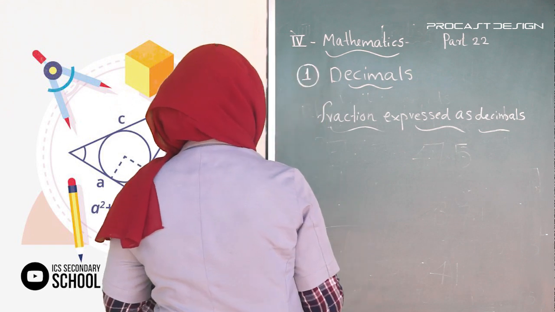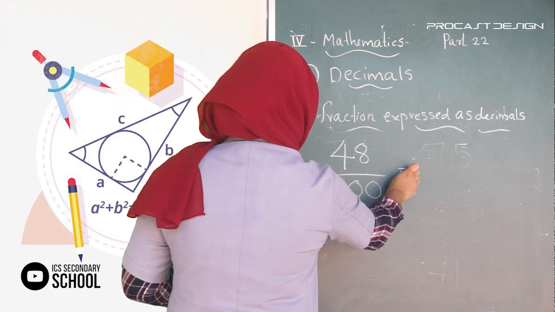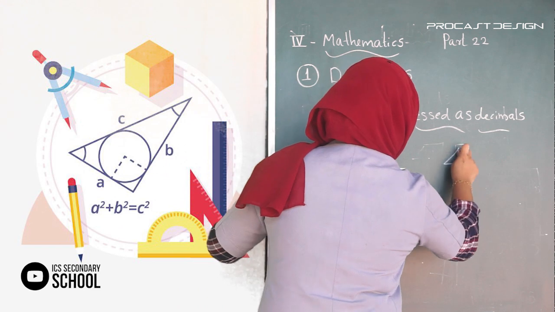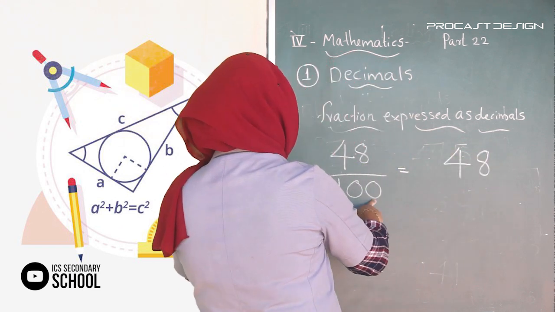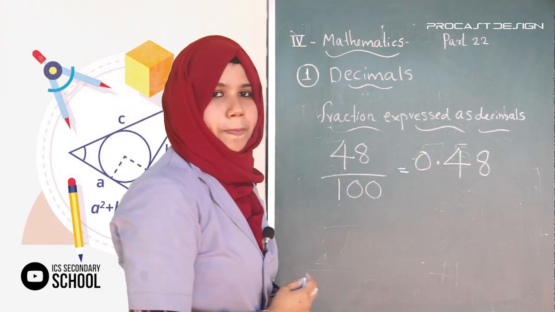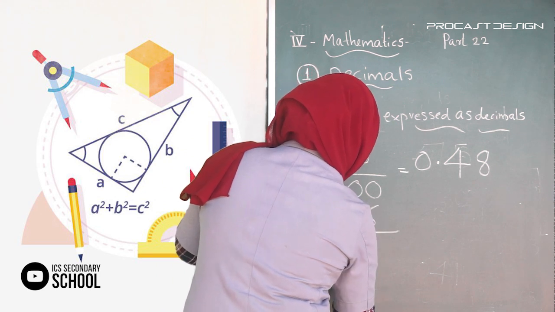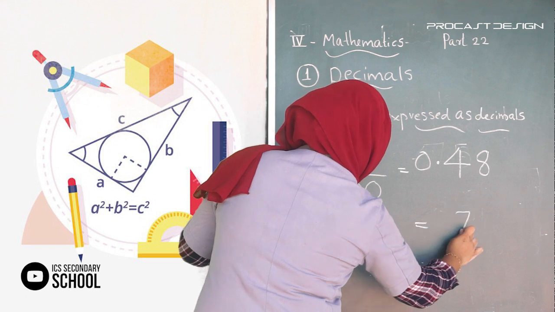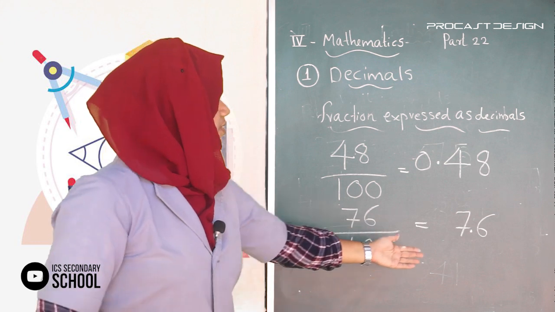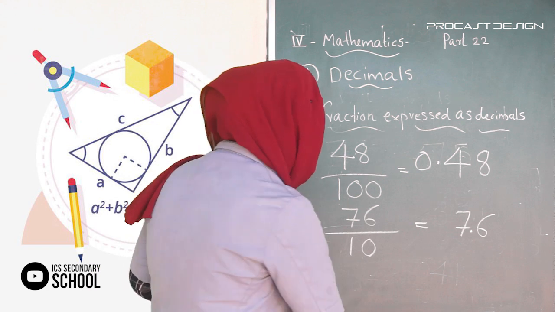Next we have 48 by 100. How to express this fraction as a decimal? Yes, 48 first. How many zeros? 2 zeros. So 1, 2. Is it clear? How many zeros? 1 zero. Okay, is it clear? So this is fraction expressed as decimals.